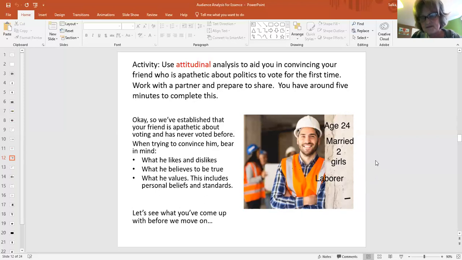He has 2 girls. Okay, most dads want to provide the best life possible for their kids, and especially their daughters, oftentimes, especially if he's a good dad. And I'm just going to assume that he is. All right. So he might want to vote for a candidate who supports women and girls.